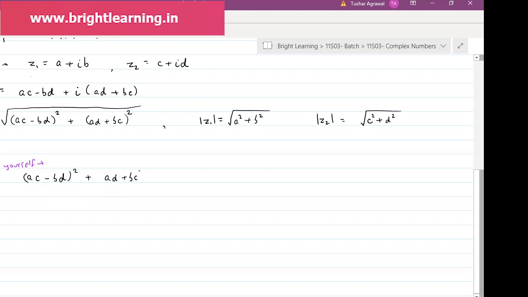So for the LHS, I will remove the under root sign, and for the RHS complete square, I will remove the under root sign. So it will be a square plus b square times c square plus d square. Now you just have to check whether these two things are equal. The answer is yes, they do come out to be equal.